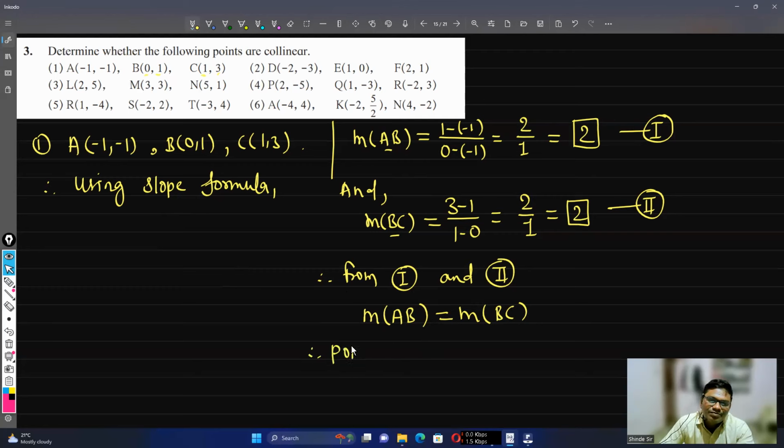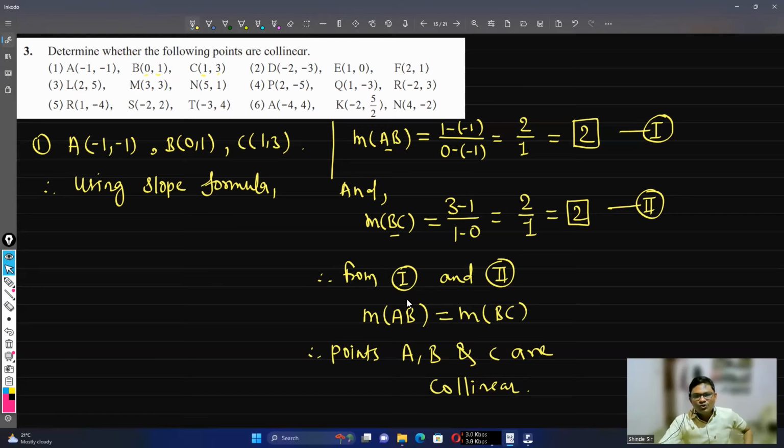Therefore, points A, B and C are collinear. And if the slopes of any two segments of three segments are not equal, then those 3 points are not collinear or they are non-collinear.